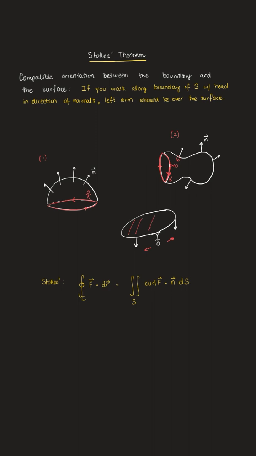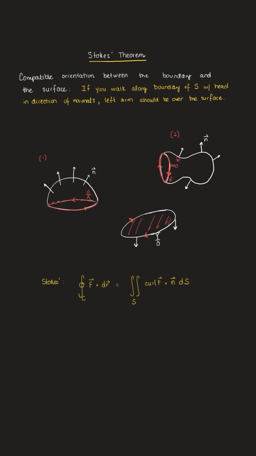This is my region. That's the surface. If I walk this way, because remember we're upside down, then I can imagine that my left arm will point into the surface. So we want to orient our curve so that it's going in what we see now as the clockwise direction, right? But in space, it's hard to determine clockwise and counterclockwise.